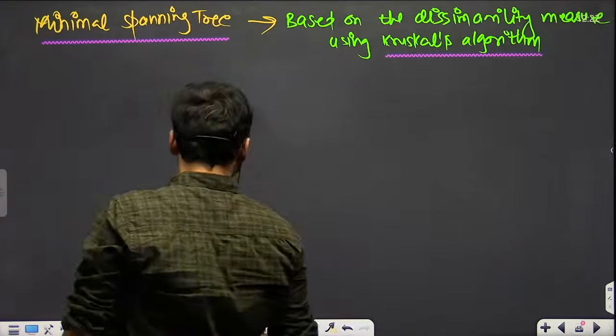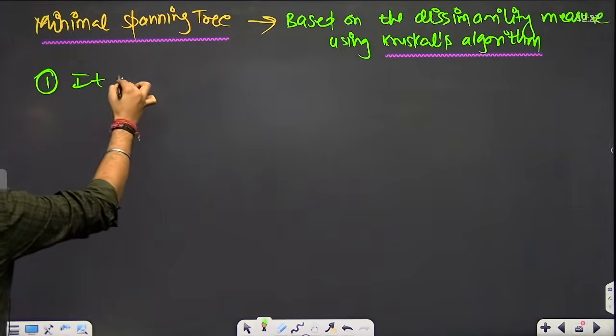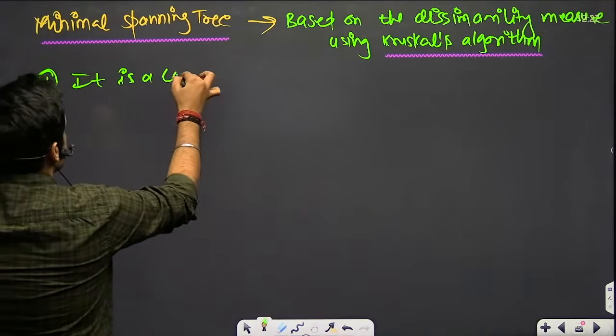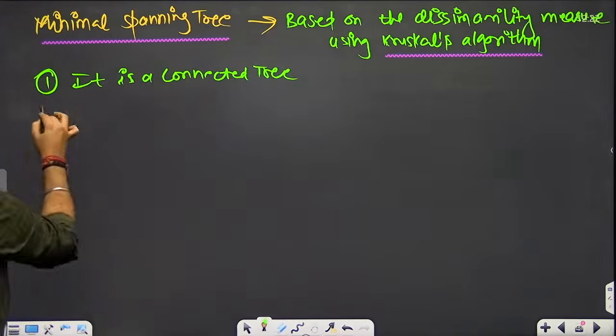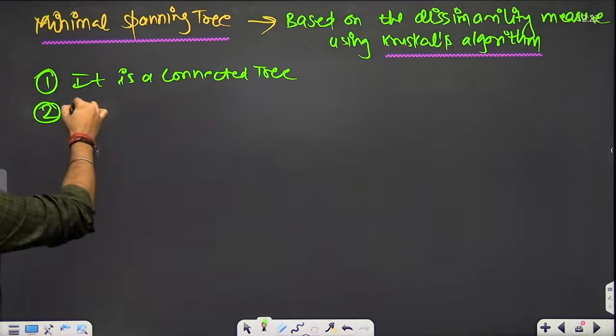Okay, now there are certain rules of making a minimal spanning tree. Firstly, it is a connected tree. Then second, no loops or no closed circuits should be there in the tree.